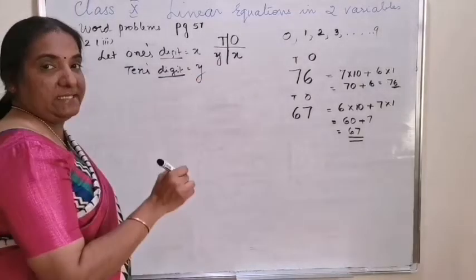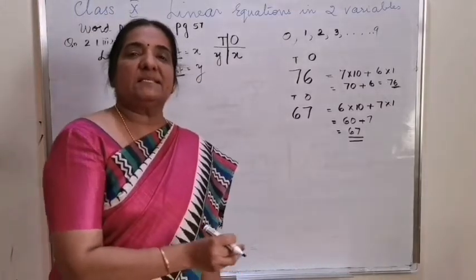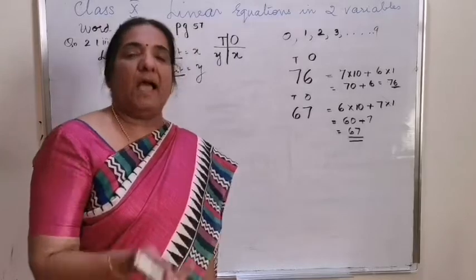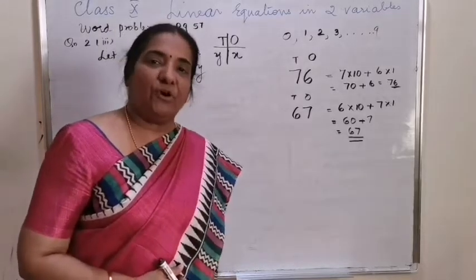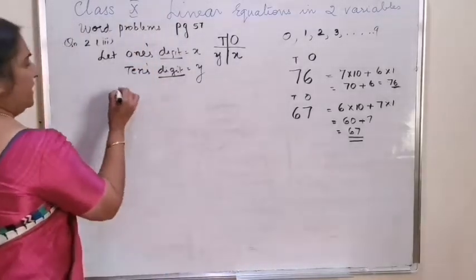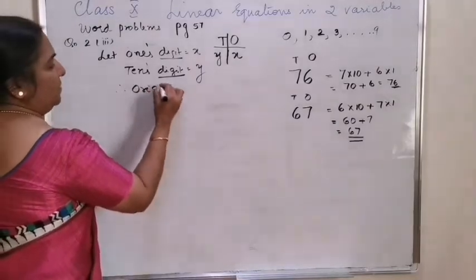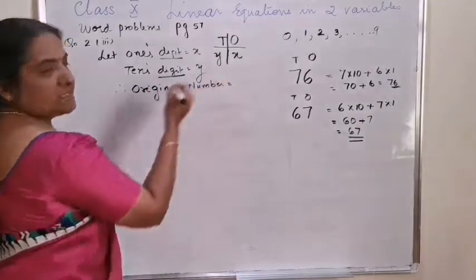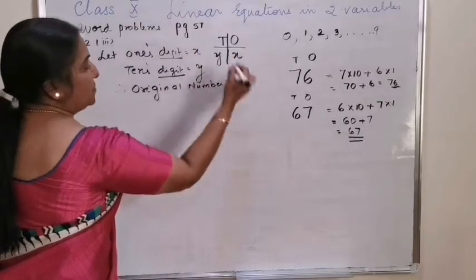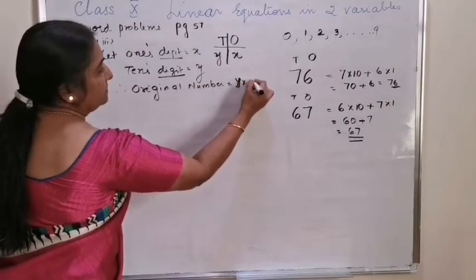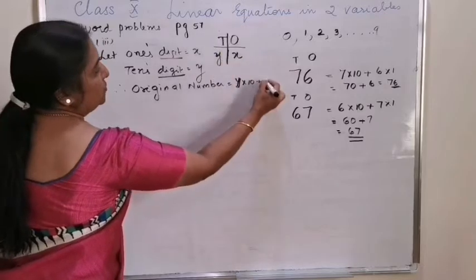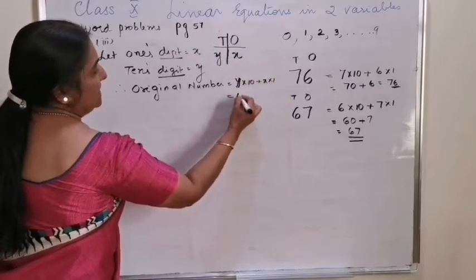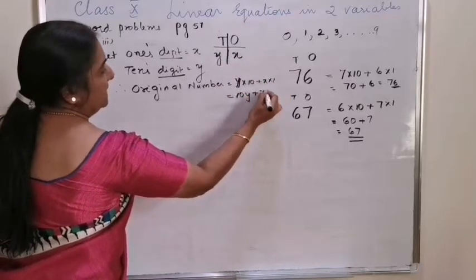They are the digits. With these digits, the original number and the reversed number are formed. Therefore, what is the original number? It is y into 10 plus x into 1, which is the same as 10y plus x.